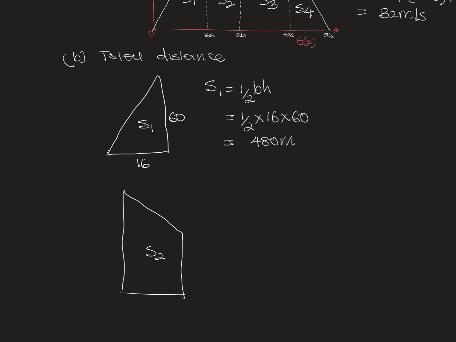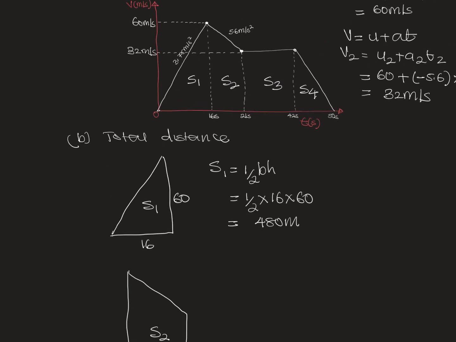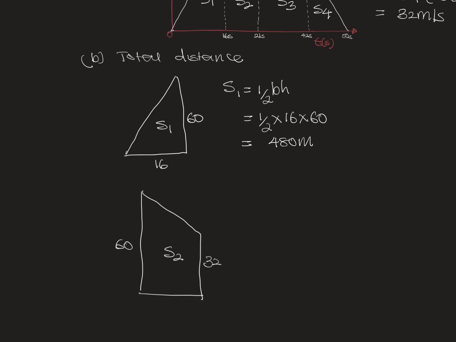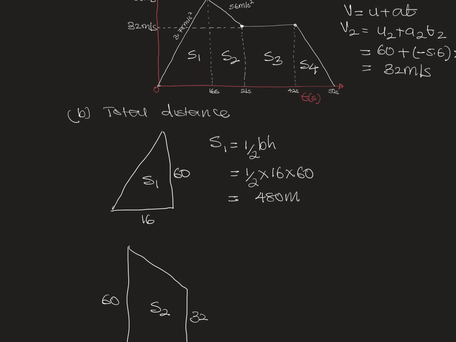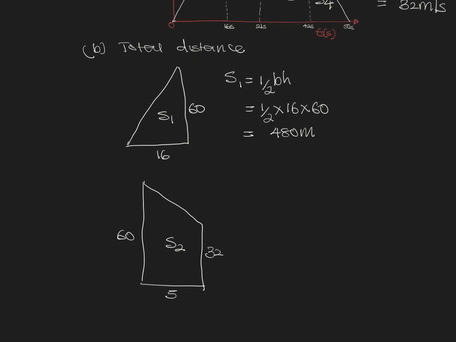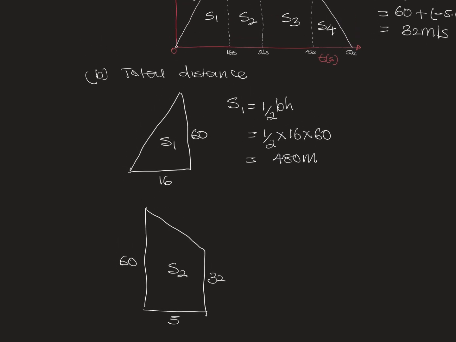For S2, if you look at it, we have 32 here, we have 60 here, and then we have 5 here. That is the point from 16 seconds to 21 seconds, the difference is 5. In fact, the deceleration took 5 seconds from the question, we know that.